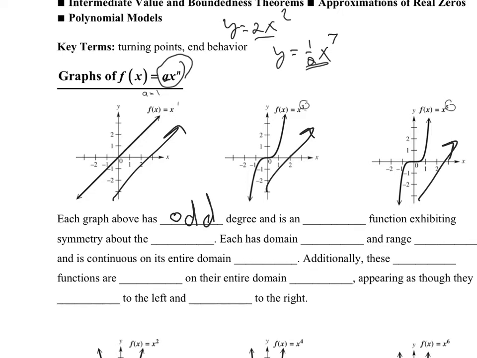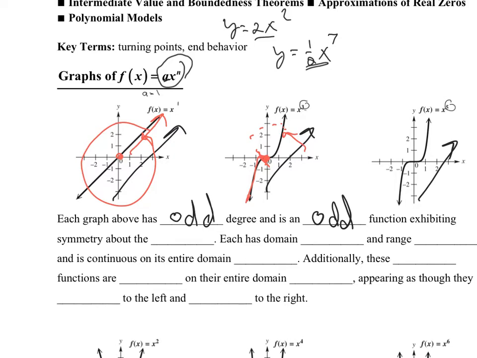And we talked about that before, because if they have an odd degree, we call that an odd function, and it exhibits symmetry. Do you remember the symmetry was, look at this case. If I put a pin on this, cut this thing and cut it right here, and push it and rotate it, this piece lines up to this piece. Or if I cut it right here and I rotate it all the way around, it comes back to the beginning again.